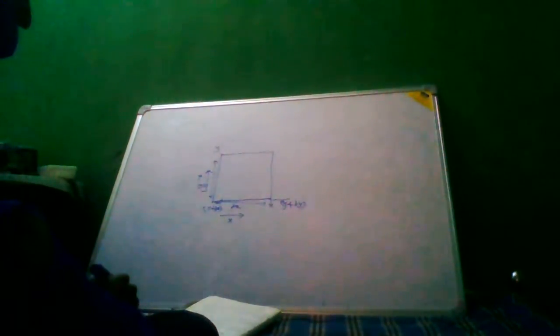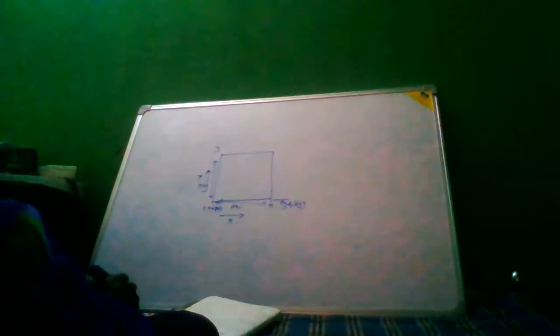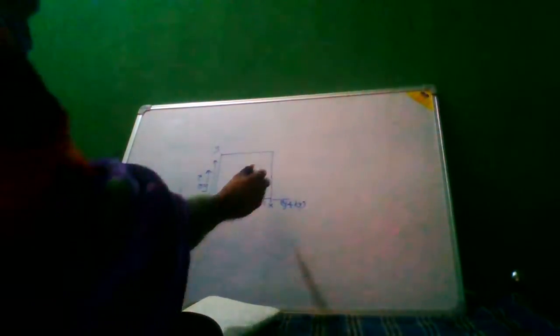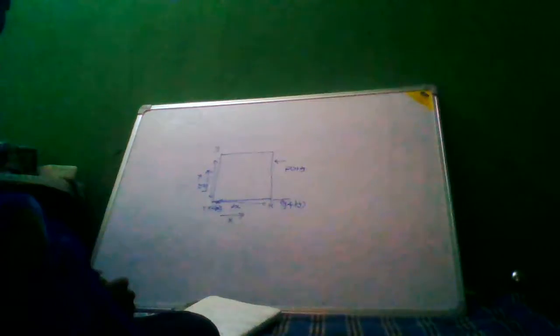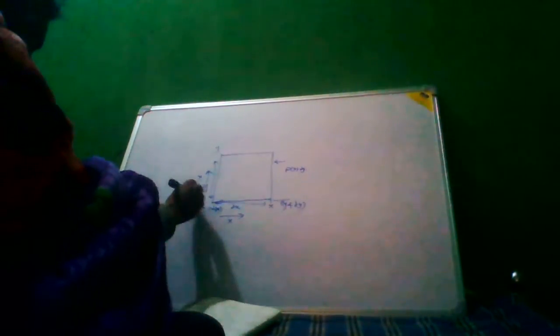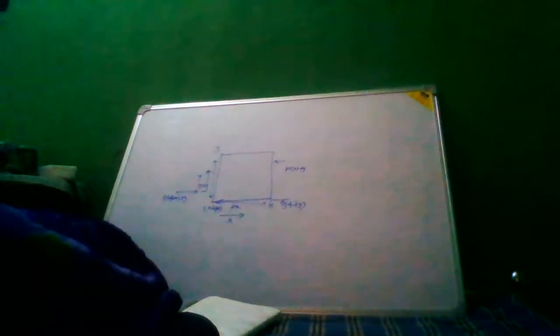Hence the force which is acting on x will be P into x of del y, and at this point will be P into x plus del x into del y.